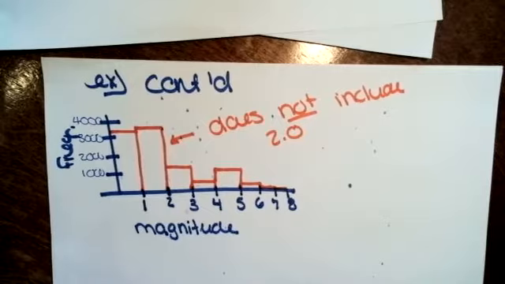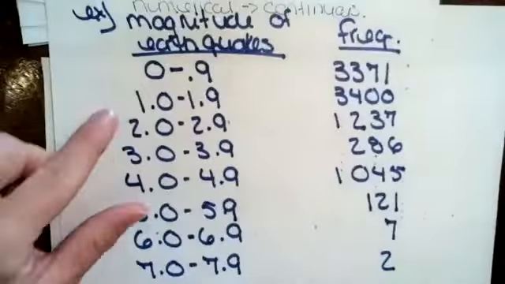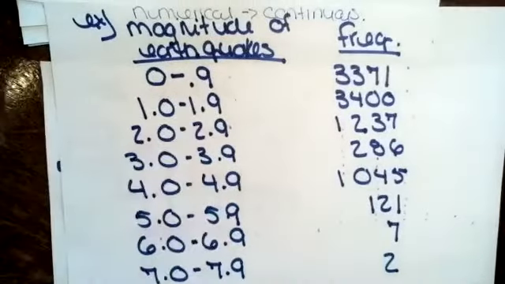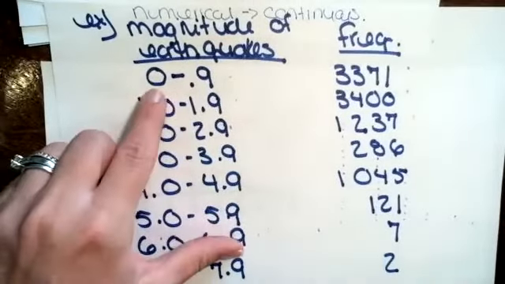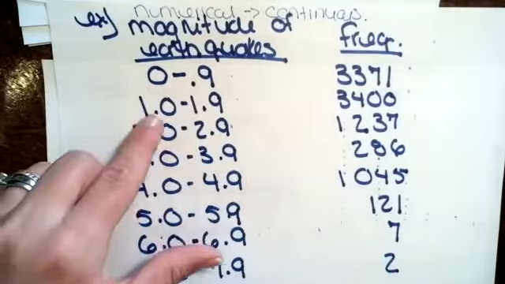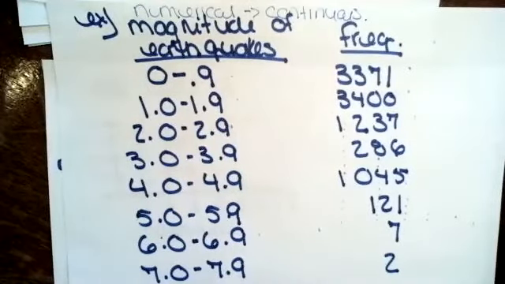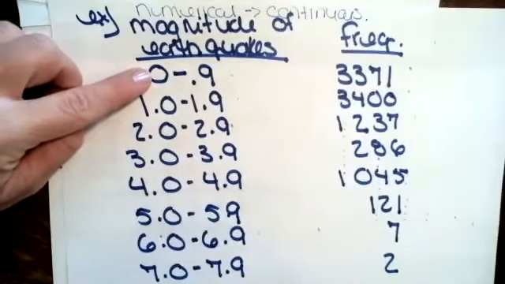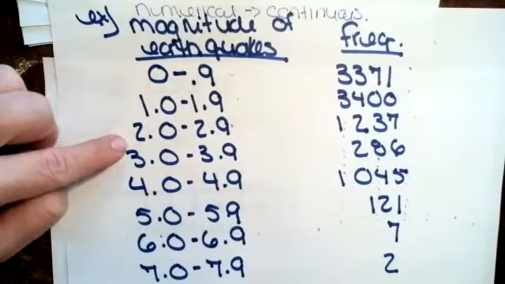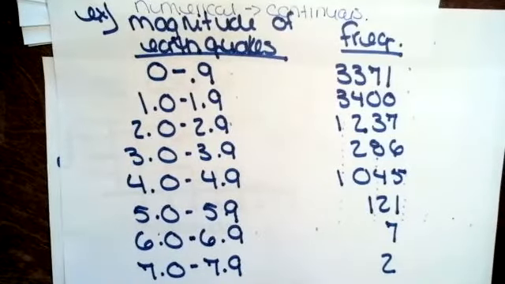Now I'm hoping you're kind of wondering, where did I come up with all of these? Like if I was given raw data, how did I know to go 0 to 0.9 and 1 to 1.9? And the key is that, first of all, and I hope you notice this, that they're all the same width. They have to all be the same width. You can't have them all over the place. It doesn't make sense. And I'm going to show you how to find that width.